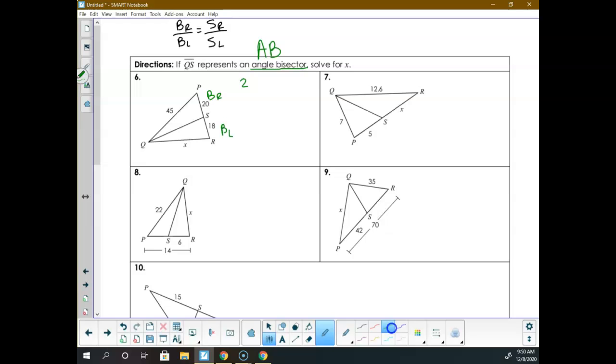Okay, so I would write it as 28 over 18 equals side right, side left, 45 over x. Okay. How many of you were like, how did you know left and right sides? Turn your paper. Okay.